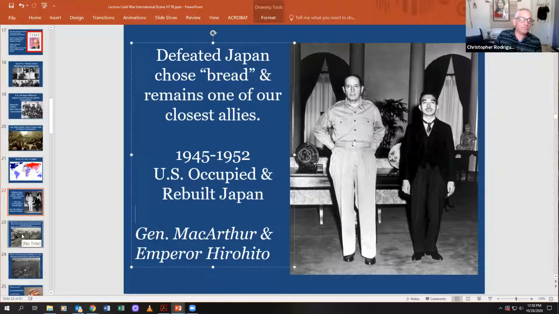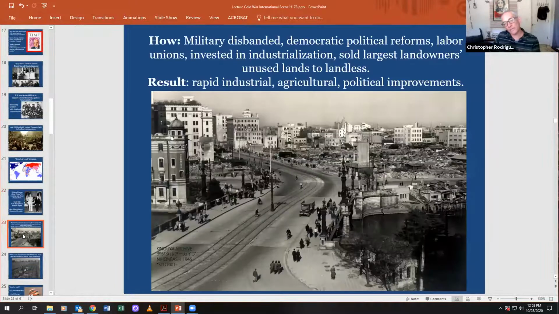And how did we do that along with the Japanese? Well, Japan disbanded its military. That's going to allow a lot more money to be funneled into other developmental policies. There were democratic political reforms in Japan, right? So the Japanese democracy was born.